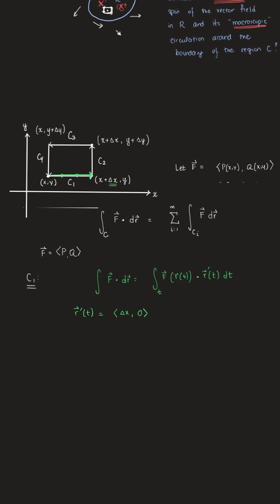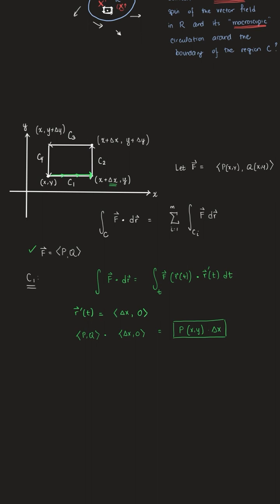So now that we have r prime and we have our vector field, we can do the dot product between them. For the dot product of (P, Q) dotted with (delta x, 0), that will just give us P at (x, y) times delta x.